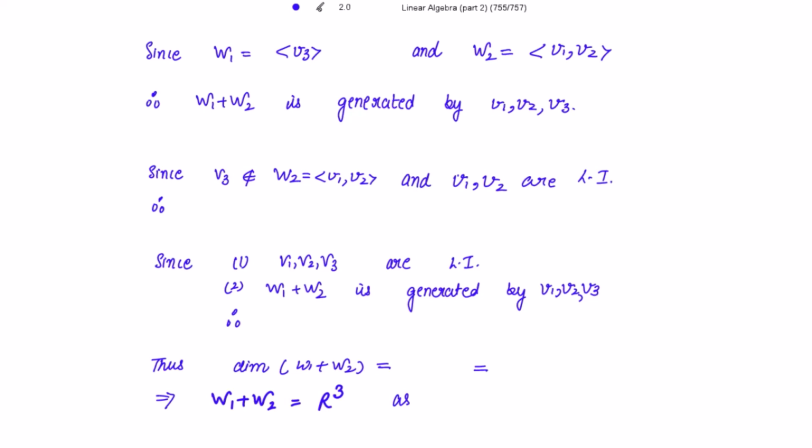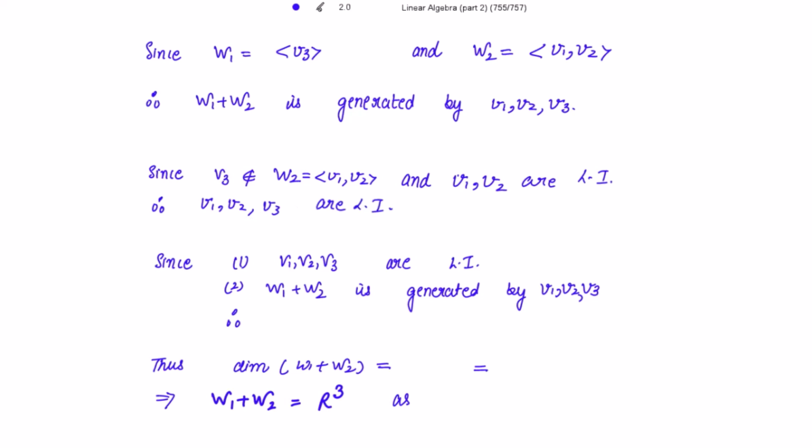See, V3 does not belong to W2, which is generated by V1, V2, and V1, V2 are linearly independent because these are the basis for W2, right? And V3 itself is linearly independent. So can we say that from here, therefore, V1, V2 and V3 are linearly independent?